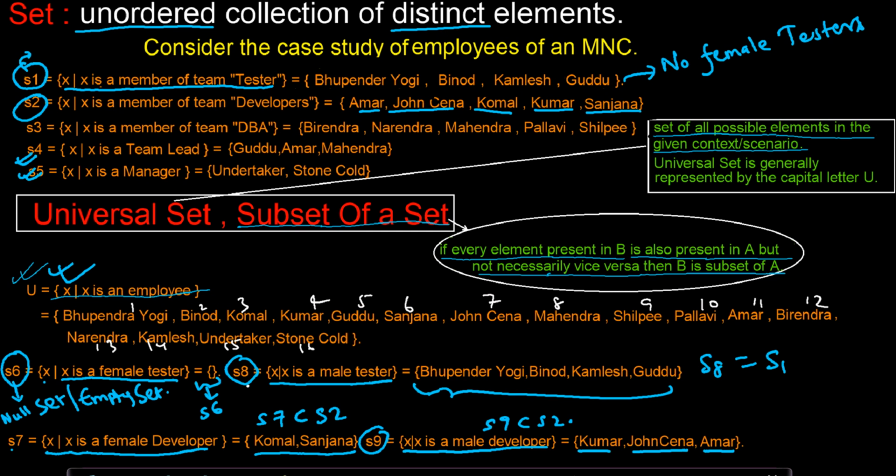So there are 16 employees in the universal set, and we have defined S1, S2, S3 in some way: team of testers, team of developers, S4, S5, S6, S7. How many such sets can we define given a context? That is going to be equal to 2 to the power 16.